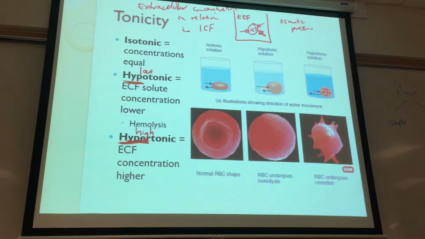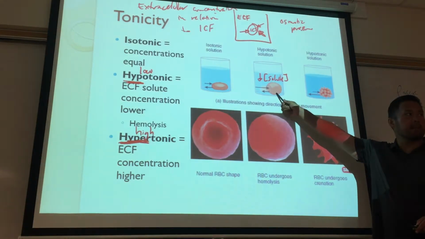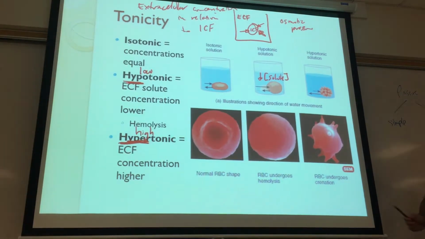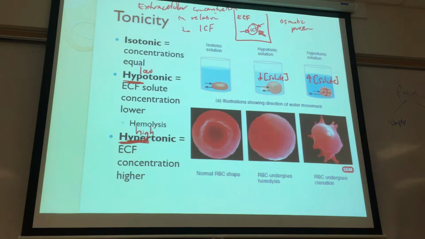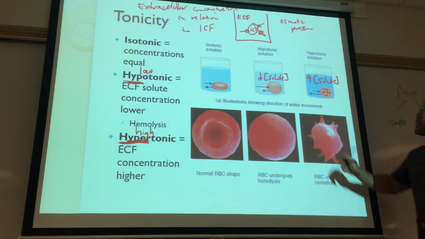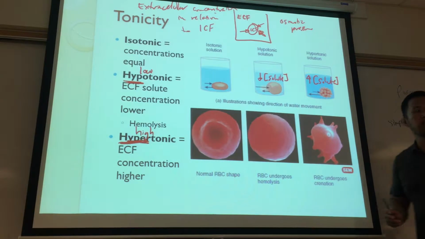So the outside would have a low concentration of solute compared to the inside. Hypertonic solution would be a high concentration of solute on the outside in relation to the inside. And these have a fundamental influence on the cell structure itself.